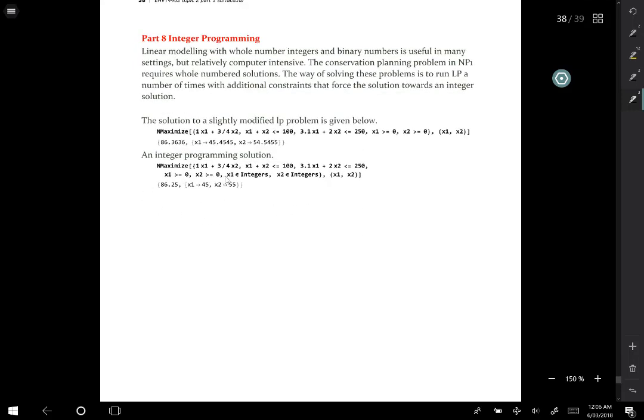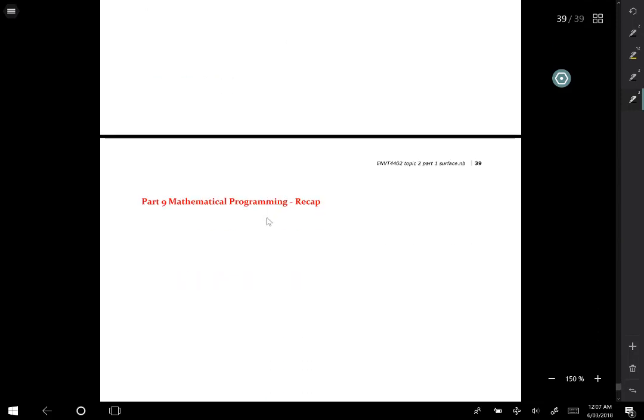If we just say that x1 has to be an integer and x2 has to be an integer, using this element-of symbol here, which means x1 is an element of the set of integers, then you get out an integer solution. So it turns out that x1 goes to 45 and x2 goes to 55. So you can find integer programming solutions.